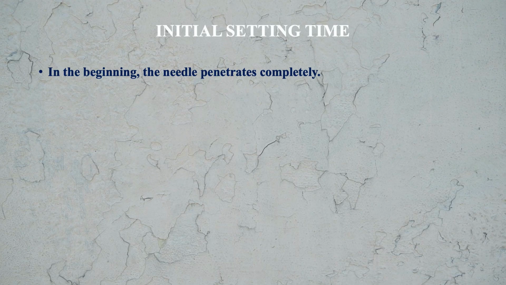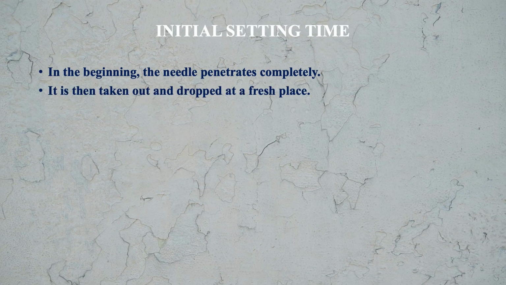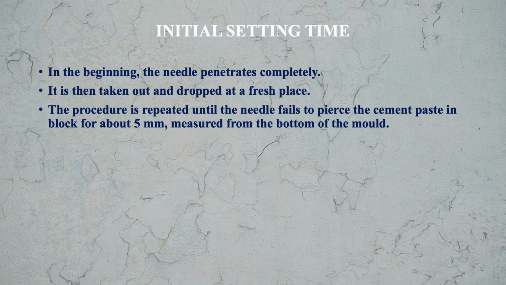In the beginning the needle penetrates completely, but as time goes, it is taken out and dropped at a fresh place in the same mold. Now you are changing the place. The procedure is repeated until the needle fails to pierce the cement paste in the block for about 5 mm measured from the bottom of the mold.